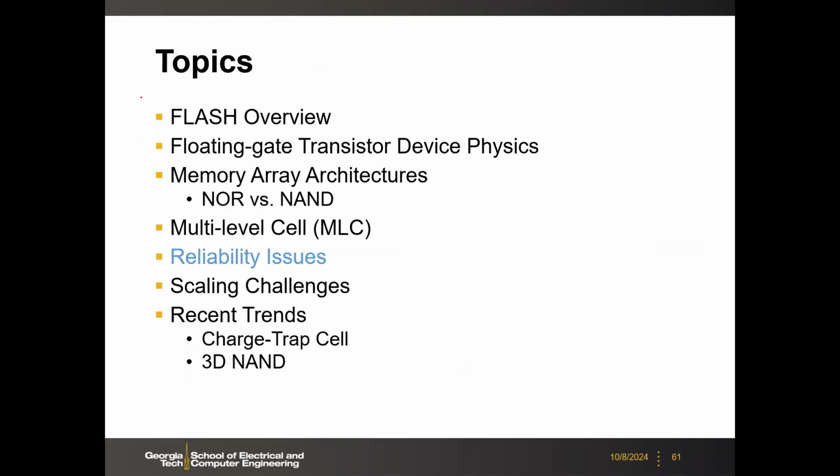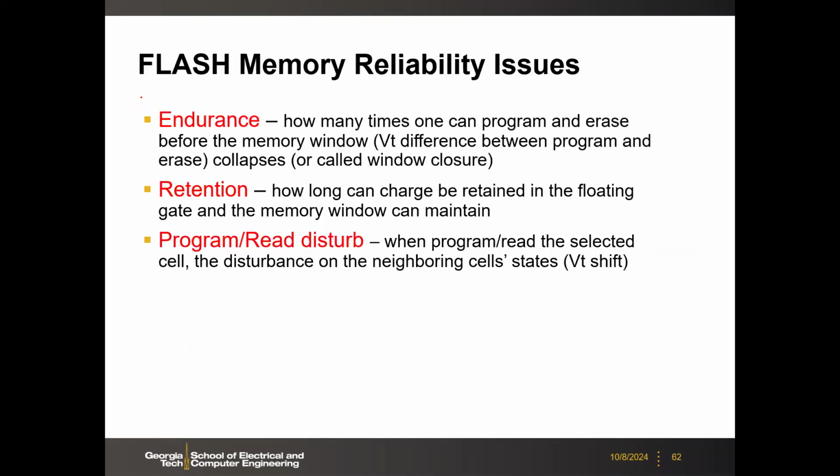Reliability. Flash memory suffers from reliability issues. This is unlike SRAM or DRAM, where we do not talk too much about reliability. The threat to SRAM, for example, is soft error by the radiation effect, but we didn't talk about endurance, retention, and so on.